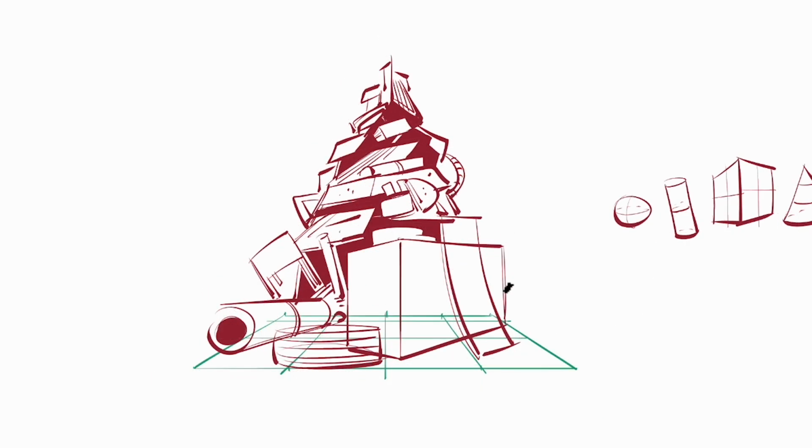So the basic idea when you're creating a pile of junk is you want to have overlapping volumetric shapes. You want to have visual hierarchy, which is large, medium, and small shapes. And then with that, you want to also have offset, which is basically nothing is piled up nice and neat.